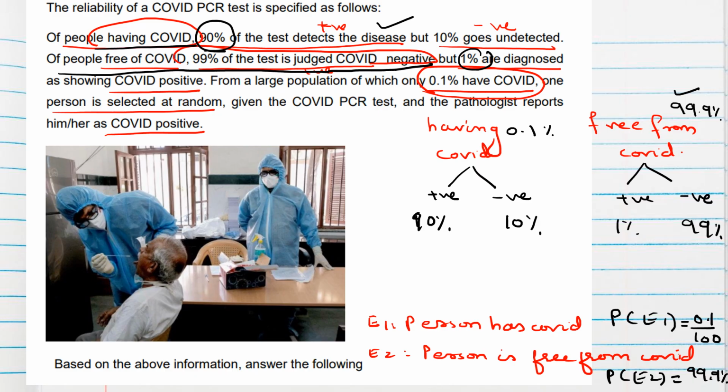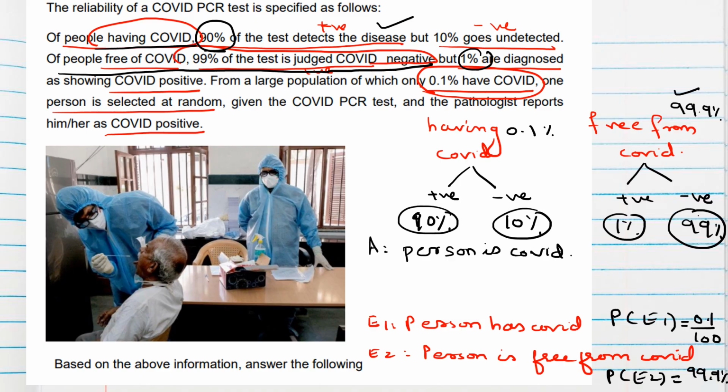So actually event A is that the person is COVID positive. So what are these probabilities actually? If the person has COVID, we are interested in the positive result. So this 90% is actually what?